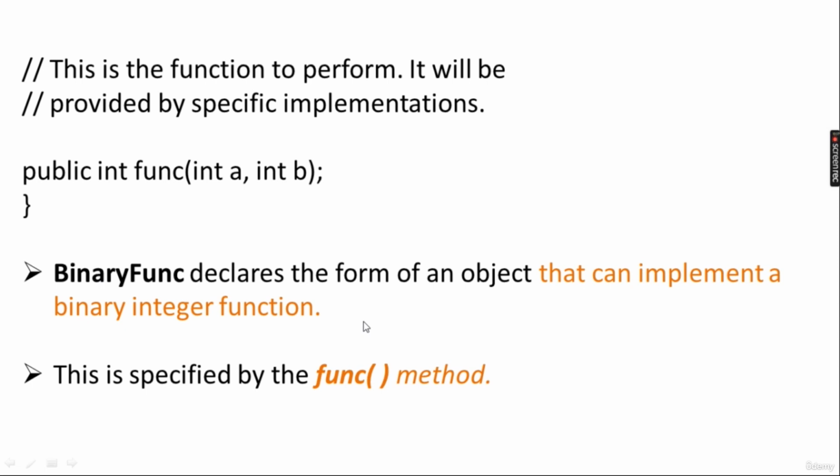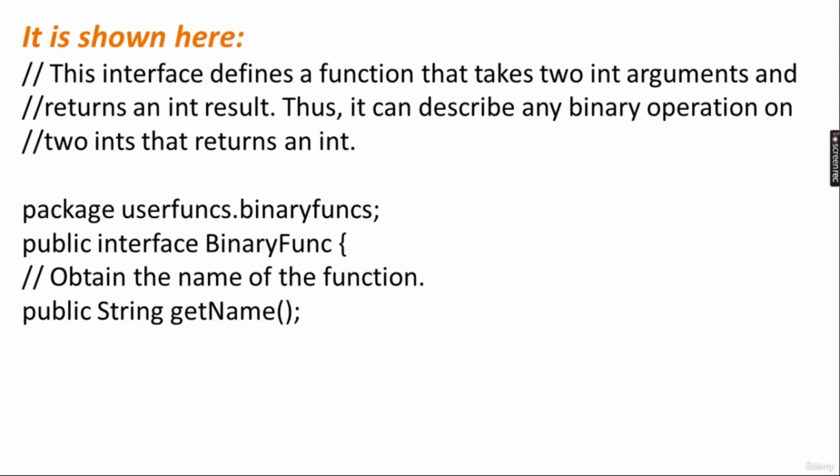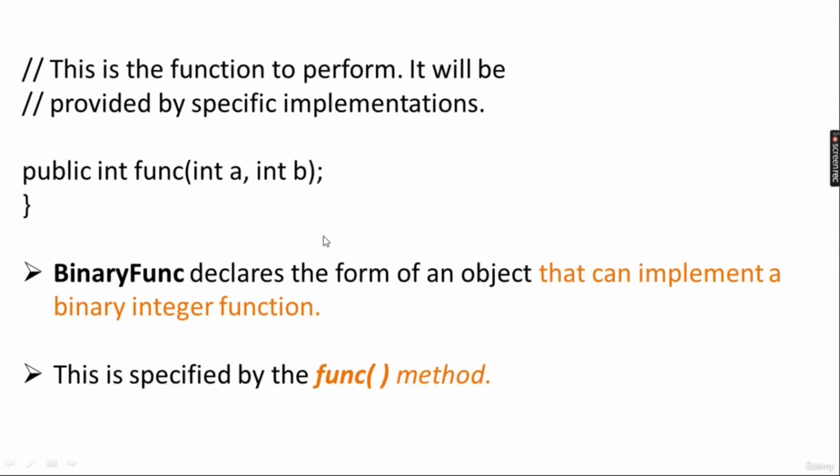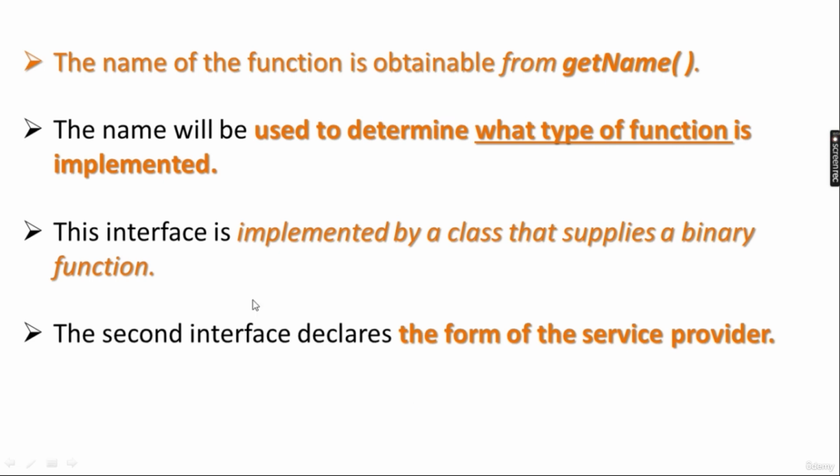BinaryFunction declares the form of an object that can implement a binary integer function. Okay, this BinaryFunction is the name of the interface, and it declares the form of an object that can implement a binary integer function, having two integers and returning one result. This is specified by the function method.